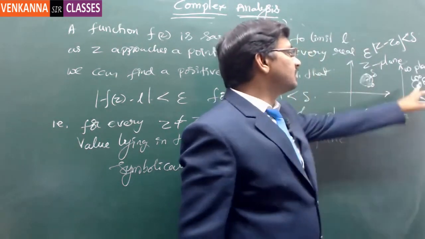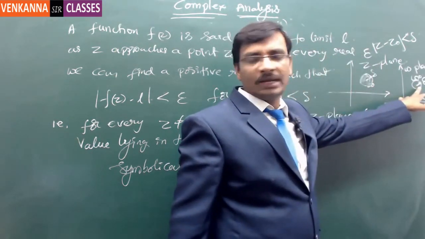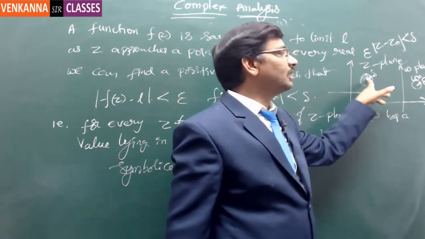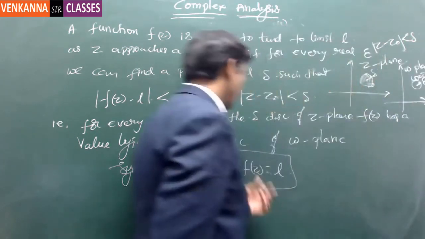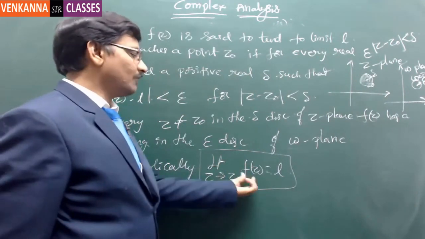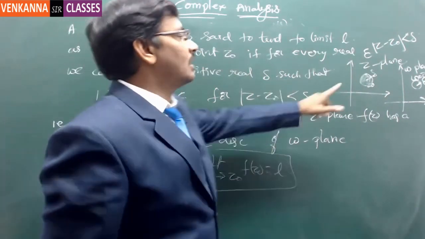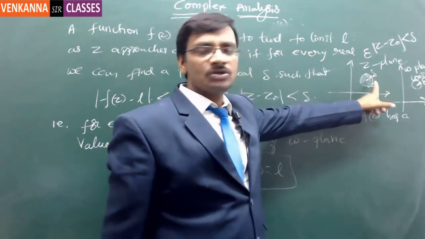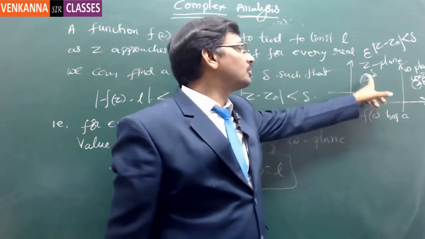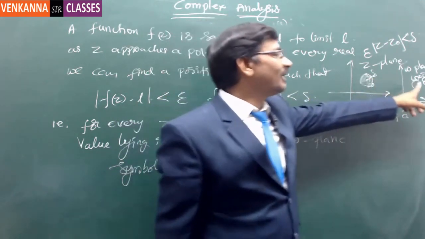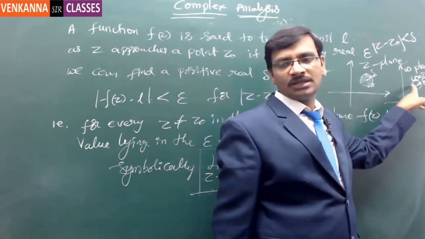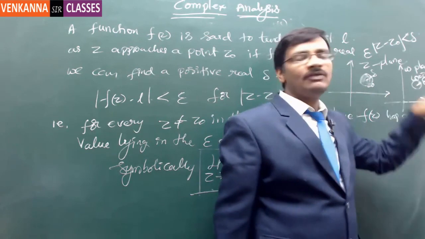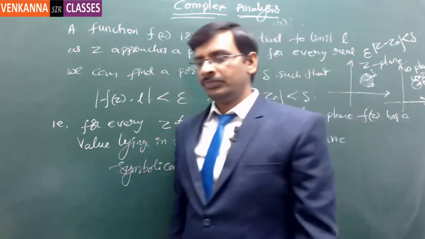So this W naught is the value which we get when you are approaching the value of Z naught. And this W naught you have defined as the limit L. So that's why limit Z tends to Z naught f of Z is equal to L, as long as within this delta disk, which is almost 0 radius, if you are approaching Z naught, you will get a value of L, which is within an almost 0 radius circle. If you are drawing within that, the value has to be confined. Got it?